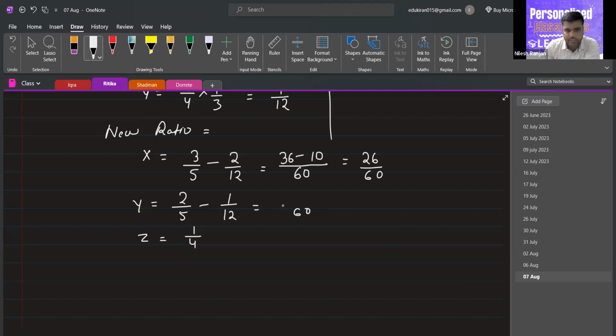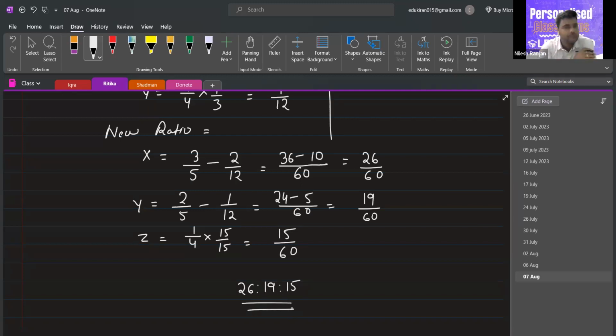Then 60, 24 minus 5, so it will be 19 by 60. And for this, we multiply with 15, so it will be 15 by 60. So the new ratio will be 26, 19, and 15.